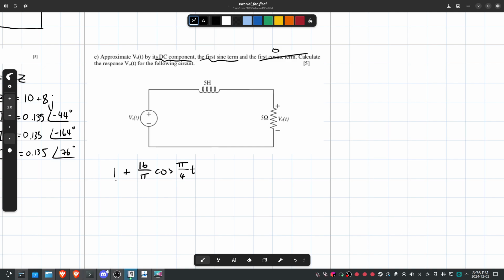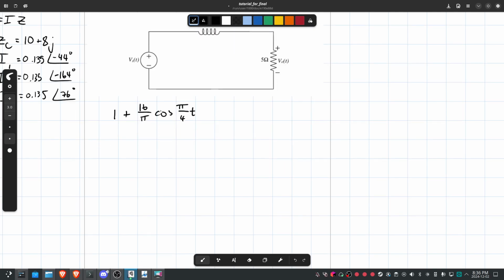So you'll notice we have the DC part and we have the AC part. So we need to solve this equation actually twice. This is superposition, if you remember. I know we're going back to superposition. Deal with it. So we're going to calculate this part and then this part separately.